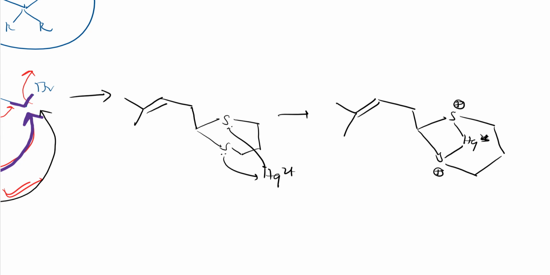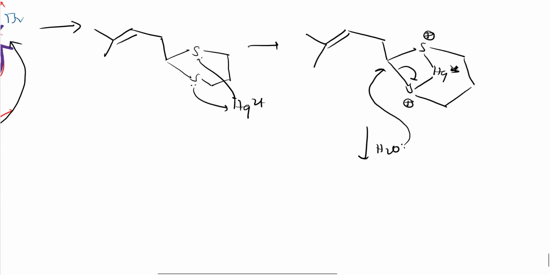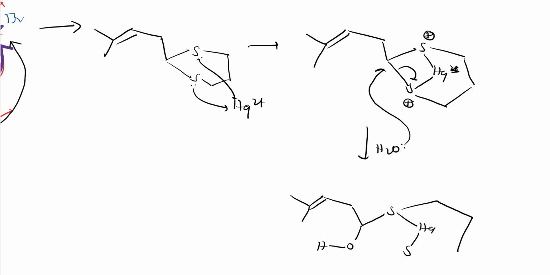Water will be there in the system. So water will attack here, this bond will break, sulfur becomes neutral, right? So I'll write the product, see here. Are you able to understand it? So water OH I'll write simply, and from this the bond is broken, and Hg is attached to sulfur and 3 carbons, right? So this sulfur is positive, but this sulfur is neutral now, it got its lone pair.